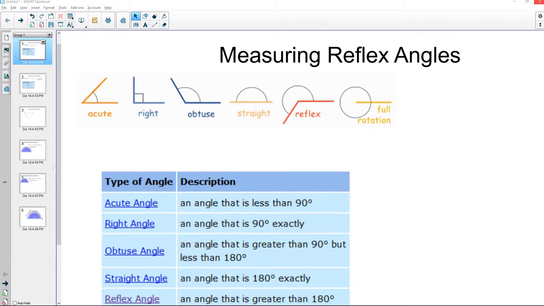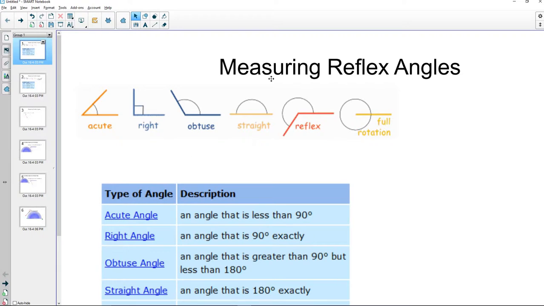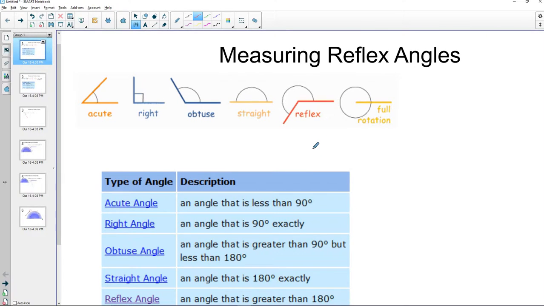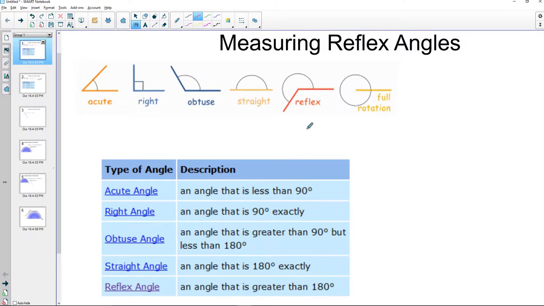Today we're going to be looking at measuring reflex angles using a protractor, which is one of these tools right here. Okay, so first of all, let's explain what a reflex angle actually is. Well, a reflex angle is an angle which is greater than 180 degrees.